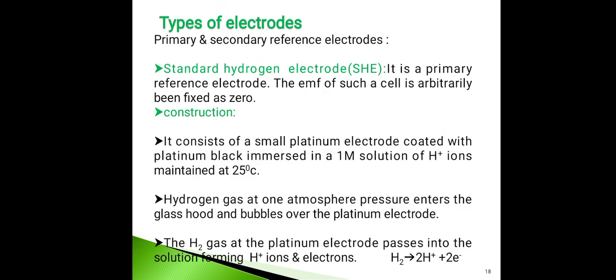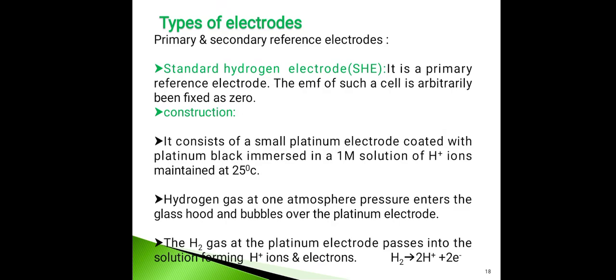And you see the construction of the standard hydrogen electrode. It consists of a small platinum electrode coated with platinum black, immersed in a solution of 1 molar concentration of H+ ions maintained at a temperature of 25 degrees centigrade. Hydrogen gas at 1 atmosphere pressure is bubbled over the platinum electrode, and it enters the glass hood.